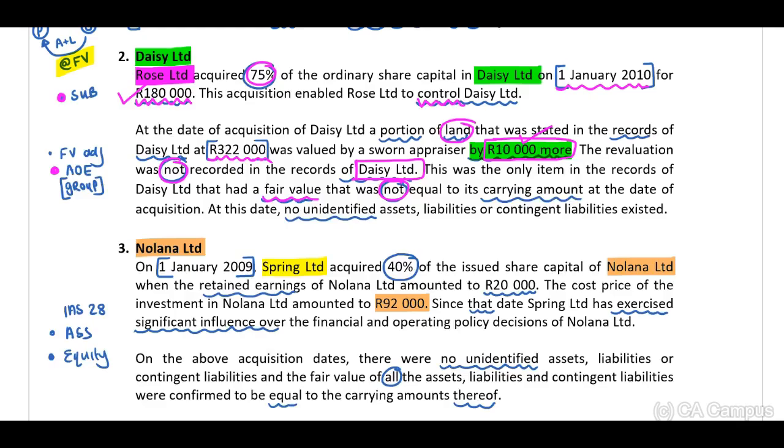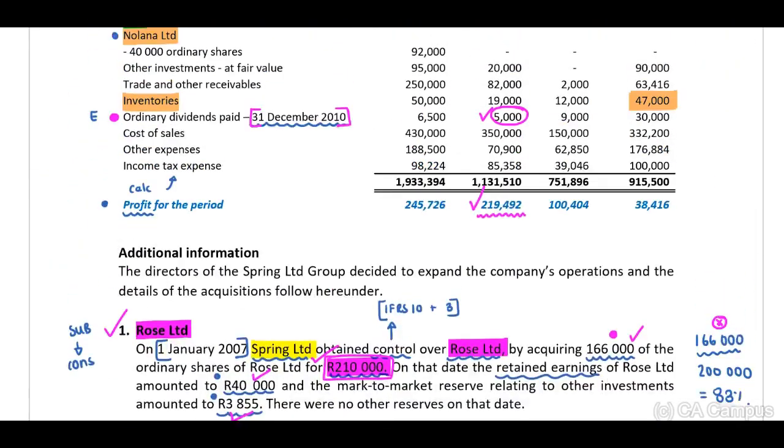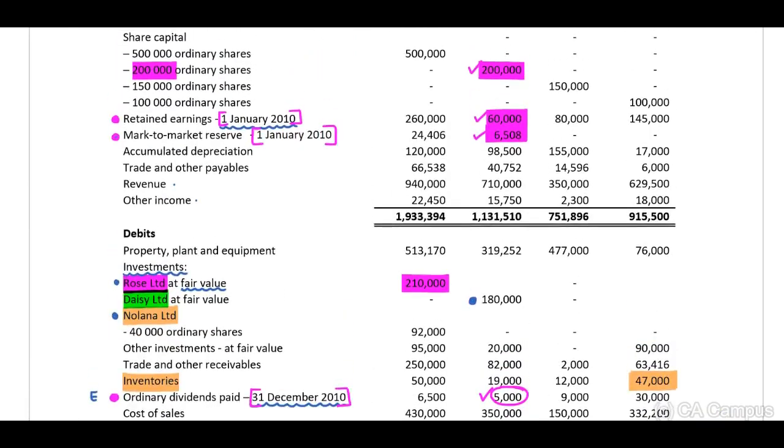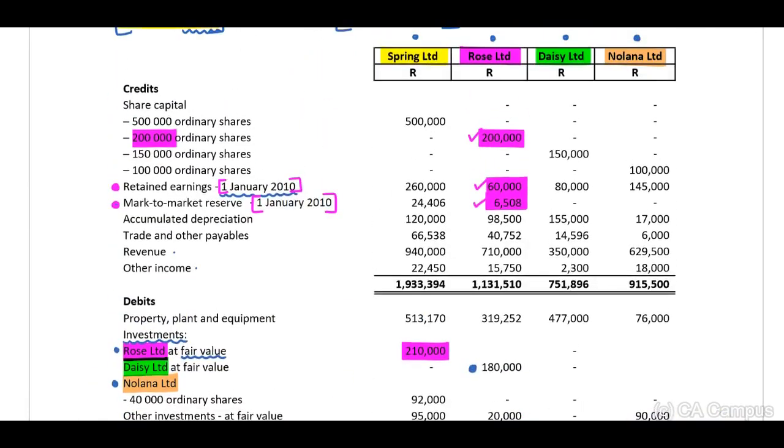We now need to work through our trial balance and identify the important details in terms of Daisy that we need to transfer to our analysis of owner's equity. Now, when you look at the column of Daisy, we have transferred the 150,000. We have transferred our retained earnings.